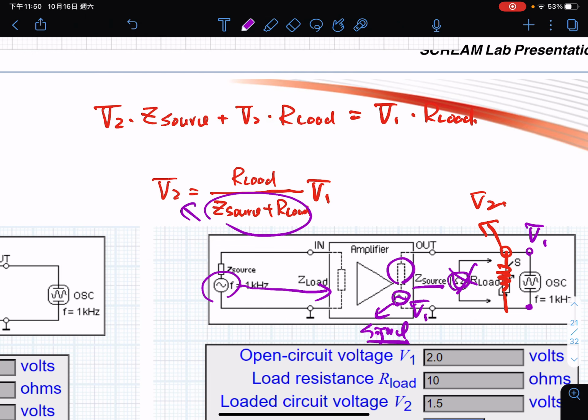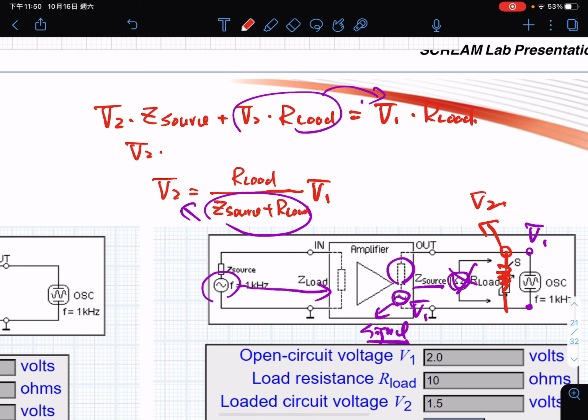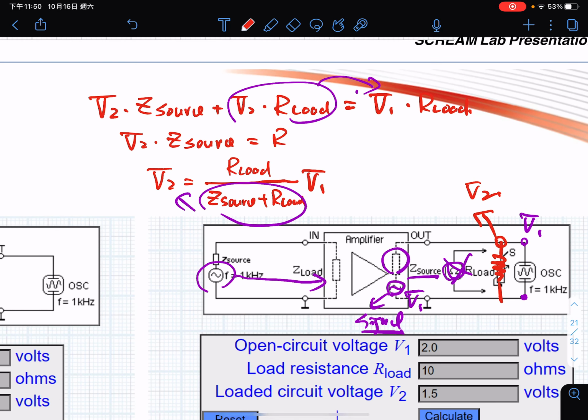So V2 times Z source will be equal to R load times V1 minus V2.